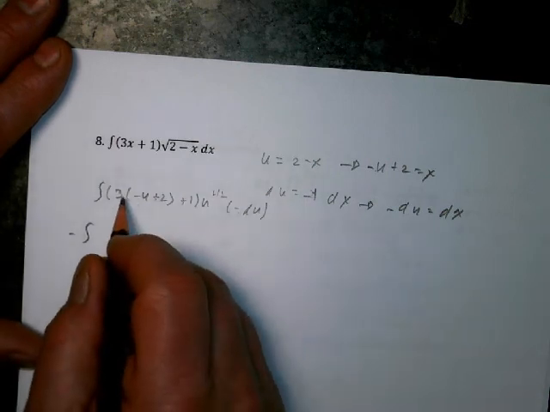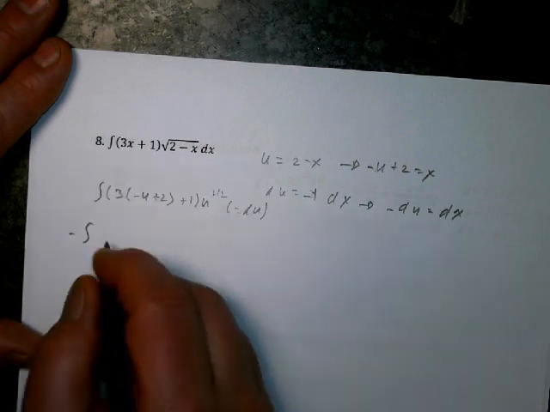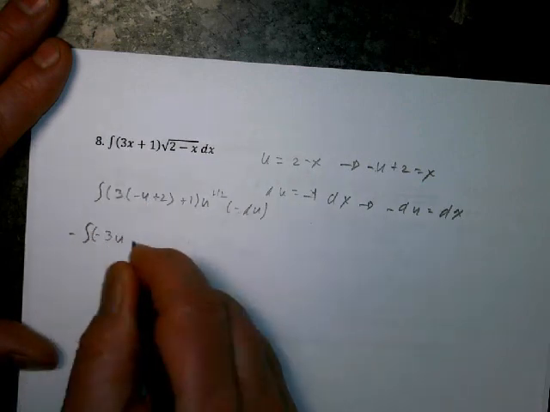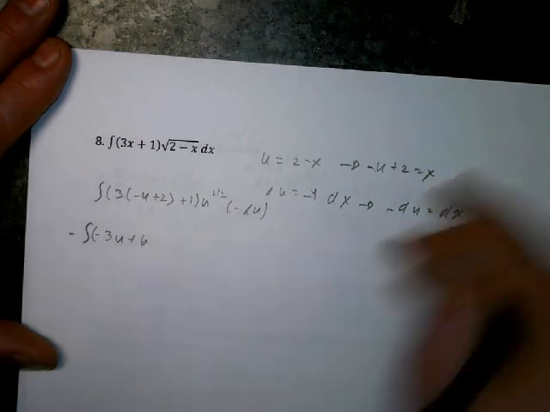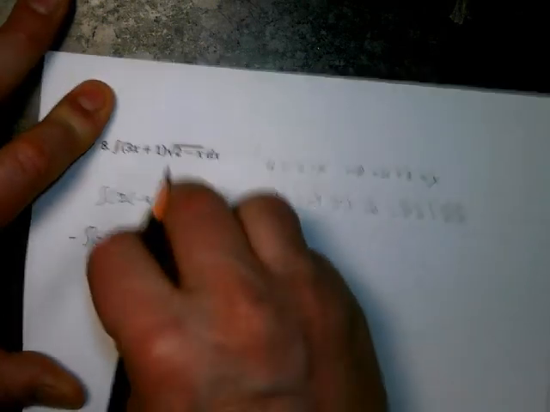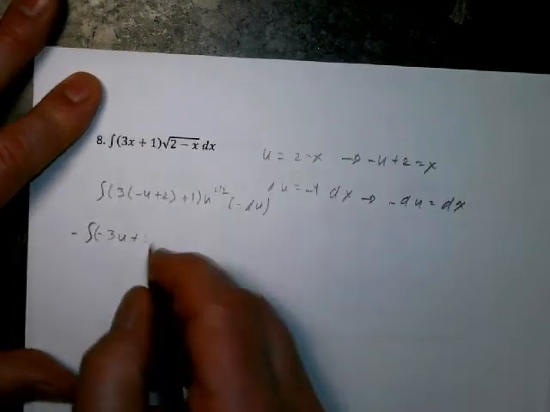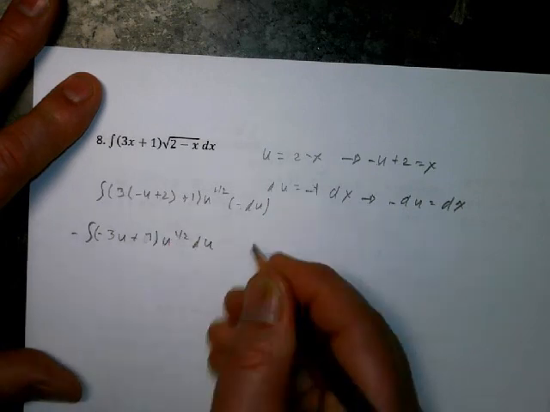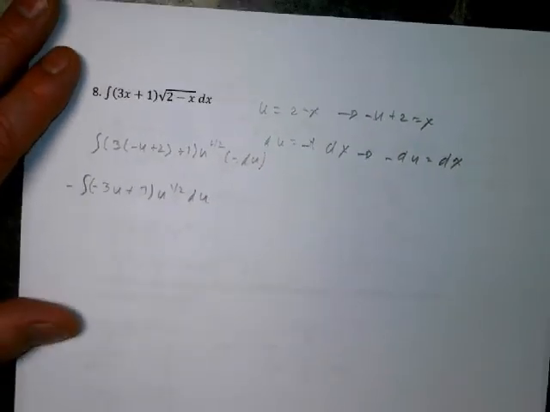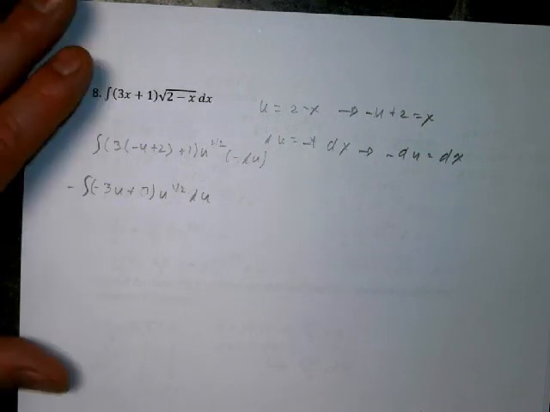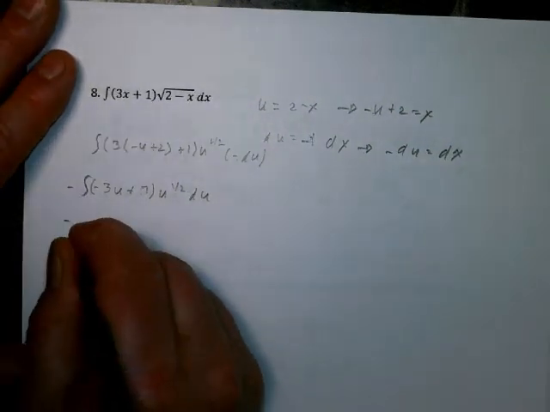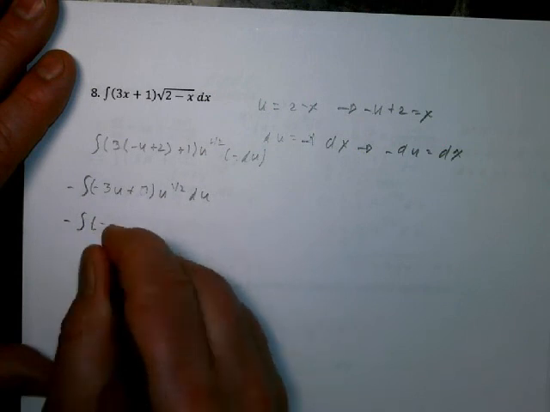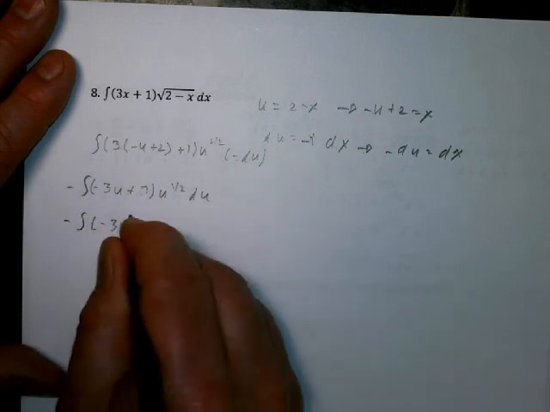Now, this step here, I'm going to take this negative sign and put it out front of the integral. I'm going to take the 3 and multiply it through. So this is going to be negative 3u plus 6 plus 1, which is 7, times u to the 1/2 du. I'll go ahead and multiply the u to the 1/2 through.